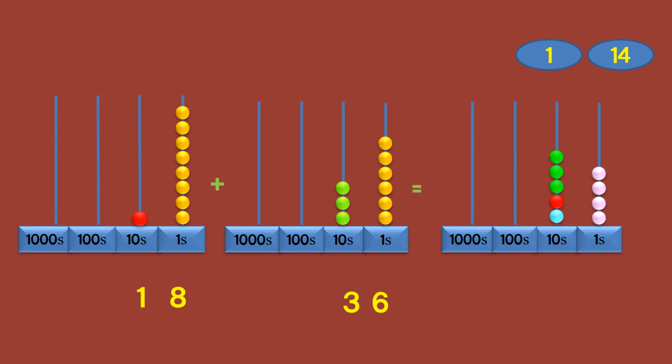So I'm going to read what the number is. Under tens place, I have got 5 beads. Under ones place, I have got 4 beads. Therefore, the number is 54. So I can say 18 plus 36 is equal to 54.